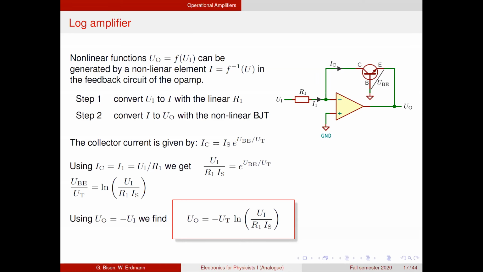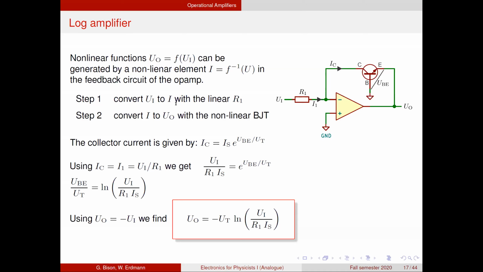And this is an example for amplifiers that realize a nonlinear function where the output voltage is some function of the input voltage. And this can be realized by a nonlinear element in the feedback circuit of the op-amp. So it works in 2 steps. In step 1, we convert the input voltage to a current.